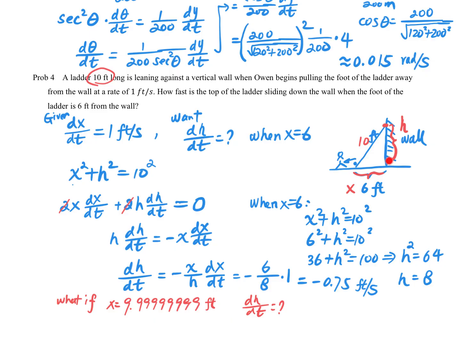Probably it doesn't make sense, right? It cannot be sliding down the wall with a speed faster than the speed of light. But if that doesn't make sense, what's wrong with our calculus? The calculation seems to be right, and that's actually a correct calculation there.